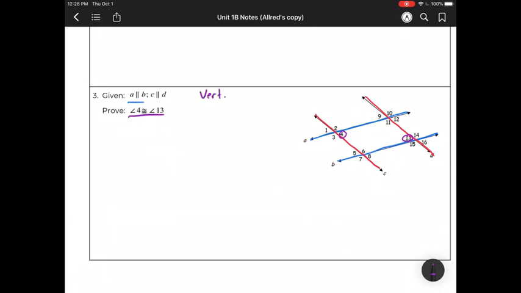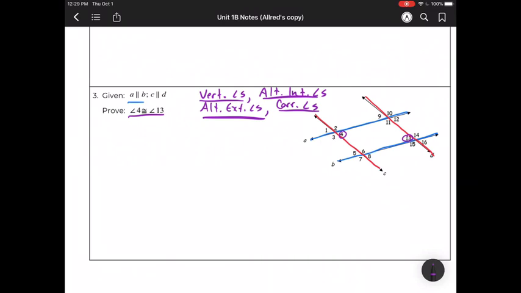Okay, so either vertical angles or alternate interior angles or alternate exterior angles or corresponding angles. These pairs of angles always give you congruent angles when the lines are parallel. So what we want to do is be able to connect angle 4 to another angle that is congruent to 13, and we should have two options to pick from.